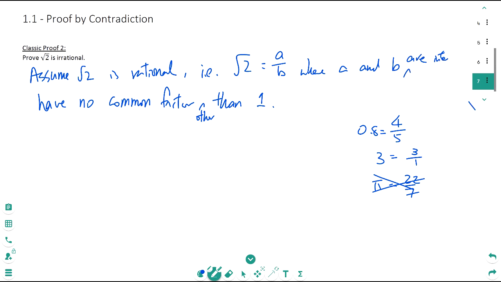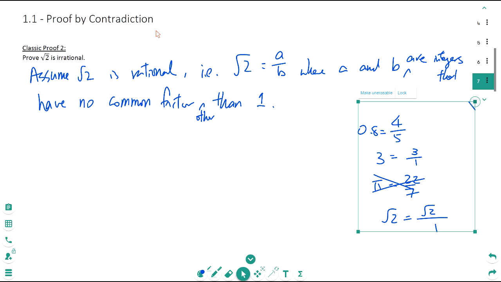I forgot about that. They must be integers that have no common factor. My mistake. It's not just the fact that they have no common factor, they must be integers. Root 2 is irrational because you cannot write it as a fraction. Root 2 over 1 does not count because root 2 is not an integer.